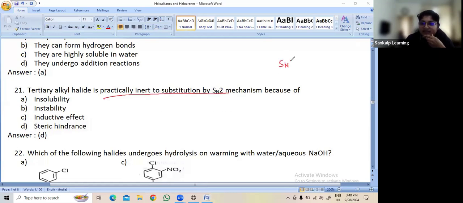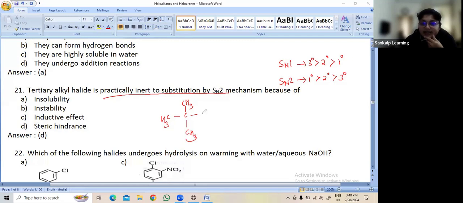Now when we see SN1, tertiary are more stable, then secondary and then primary. When we see SN2, primary are more stable, then secondary and then tertiary. Why do tertiary alkyl halides not undergo SN2 mechanism? In SN2 mechanism, what is the step? The attack of the nucleophile takes place from behind the carbon, right? So can anybody tell me why the answer is D?